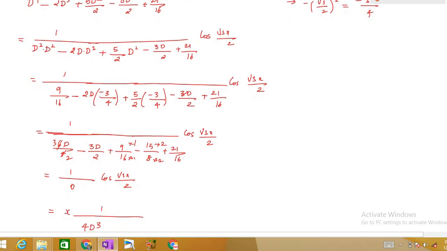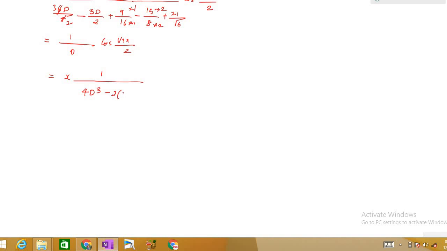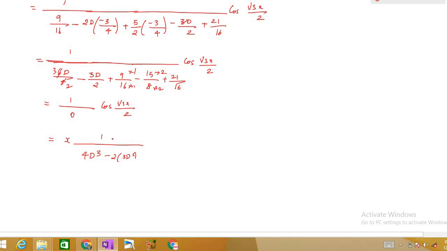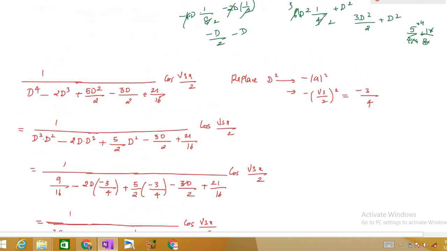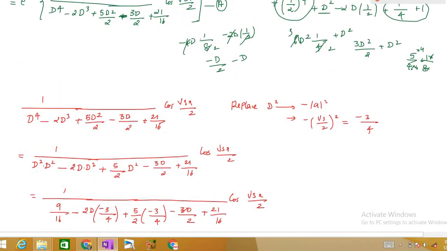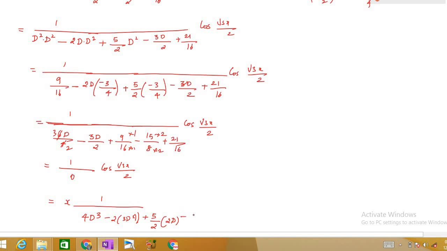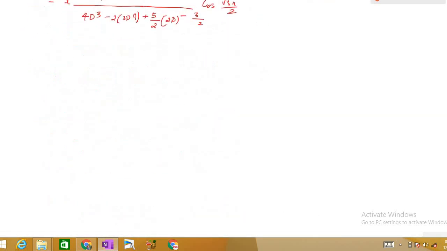So we will have minus 2 into D cube, which gives 3D square, and again you differentiate. I can take 5 by 2 outside. If we differentiate D square, we will have 2D. So 5 by 2 into 2D plus 5 by 2 into 2D, and if I take minus 3 by 2 outside, the derivative of D is 1. So minus 3 by 2, this will be constant 0. So we will have minus 3 by 2 into cos root 3x by 2, right?